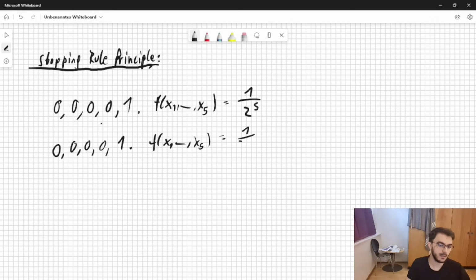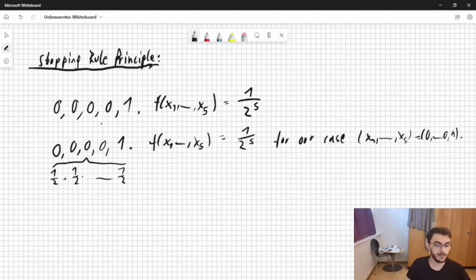It's still 1 over 2 to the power of 5, because we have 1/2 as the probability of the first one being tails times 1/2 and so on. So in our case, these are the same.